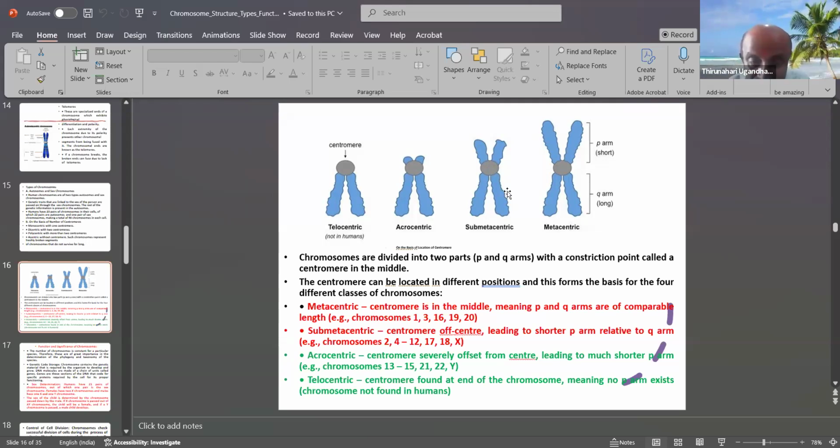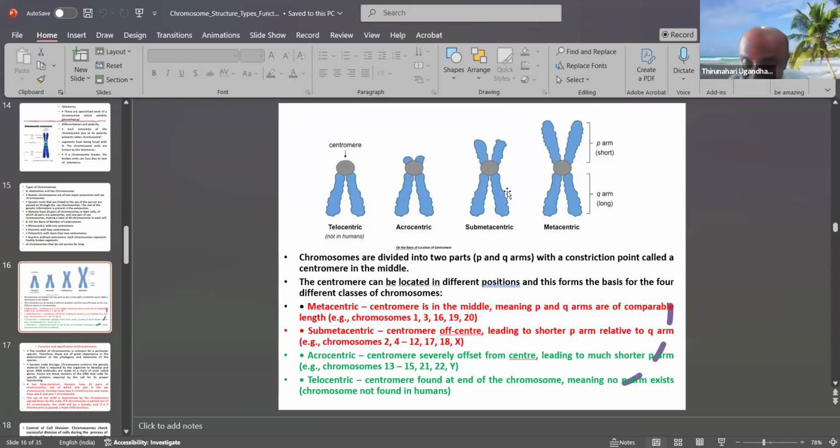Then submetacentric: the centromere is not at the center, so one arm, Q, is elongated and the P arm is small.